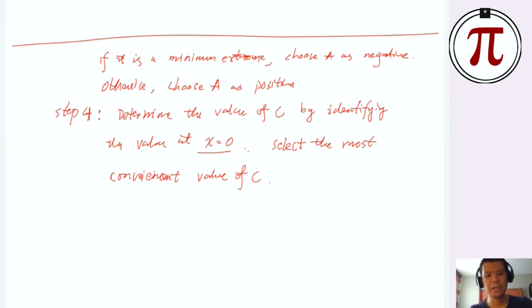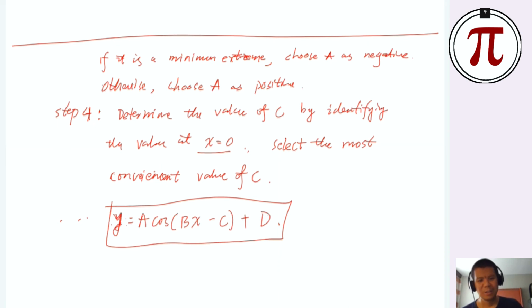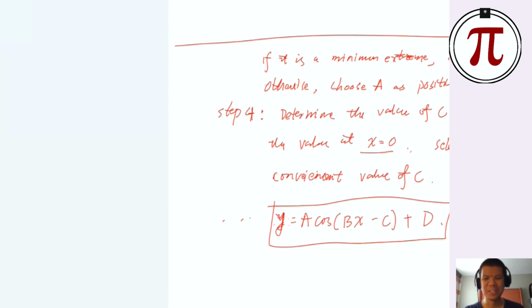Okay, and then you get y equals A cosine(bx minus c) plus d. All right. Oh gosh, that's a long one.